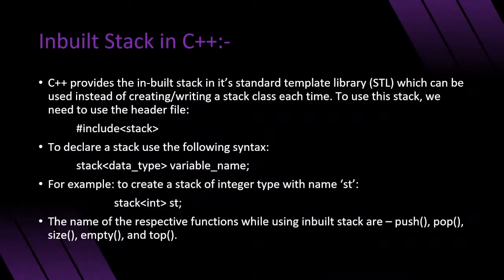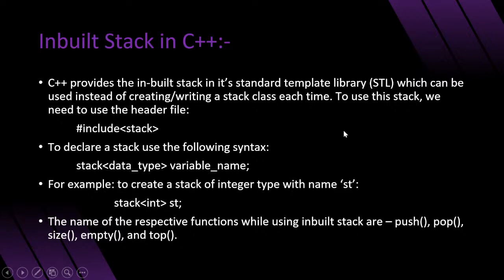It's going to be a very tedious task to create a stack each time we require it in our program. So to bypass this difficulty, C++ provides an inbuilt stack in its standard template library, and this can be used instead of creating or writing a stack class each time we need it.